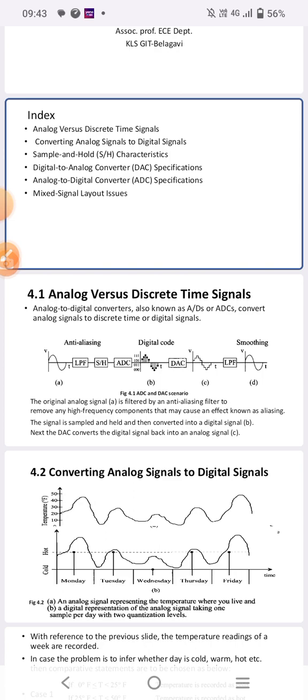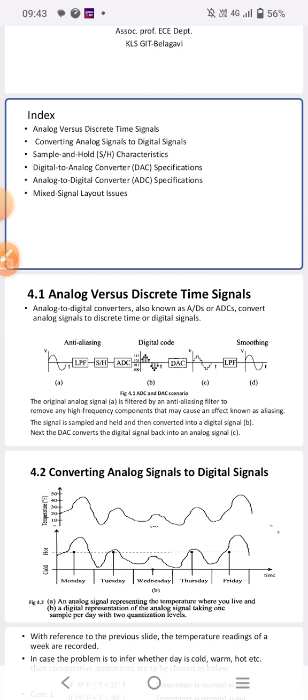The standard audio range is defined as 20 hertz to 20 kilohertz, but the actual speech signals exist only between 300 hertz and 3.4 kilohertz, and this is the bandwidth considered in all telecommunication applications.